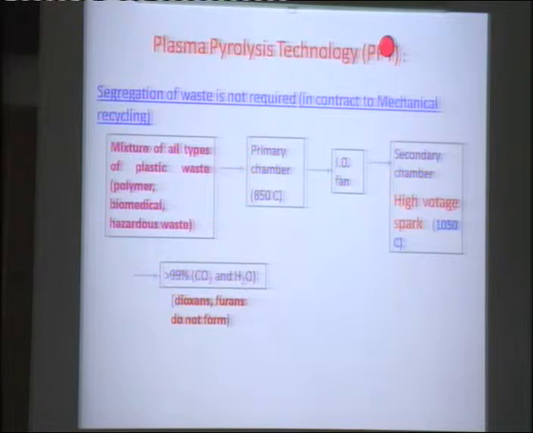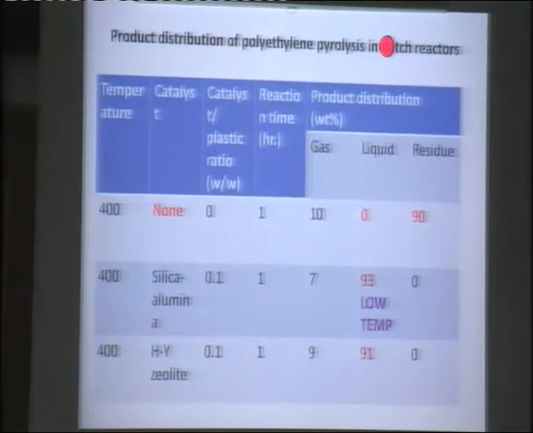Next. Here you can see the catalyst is FCC, and you get gas, liquid and residue. Using the catalyst, you are getting only 8.5% by weight of gas for LDPE and like that 3.3.